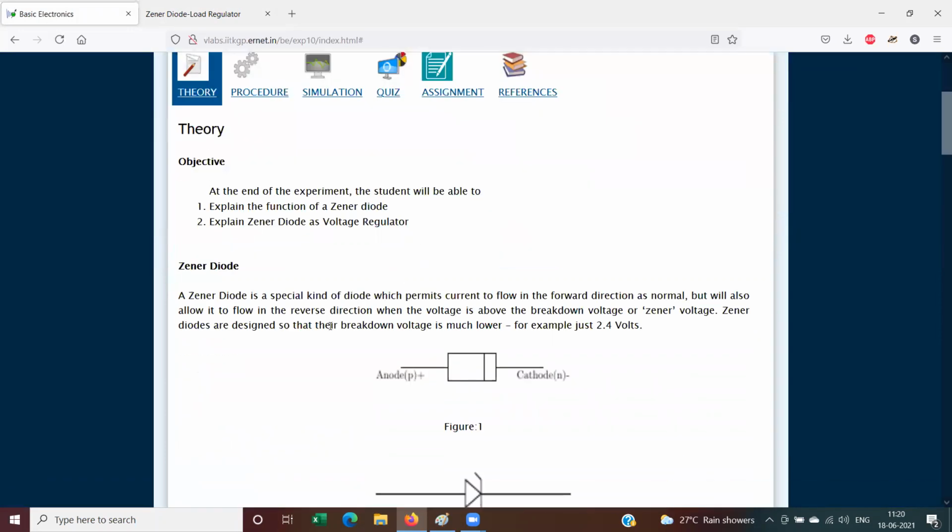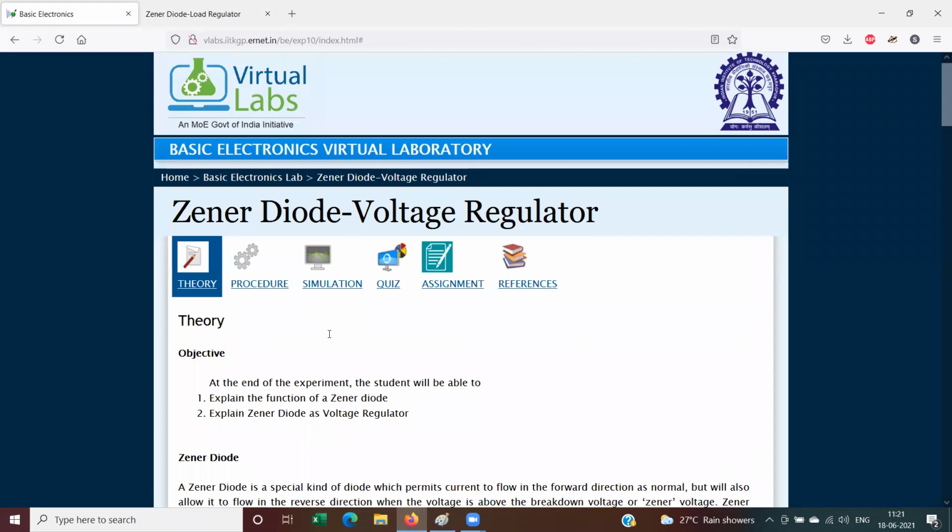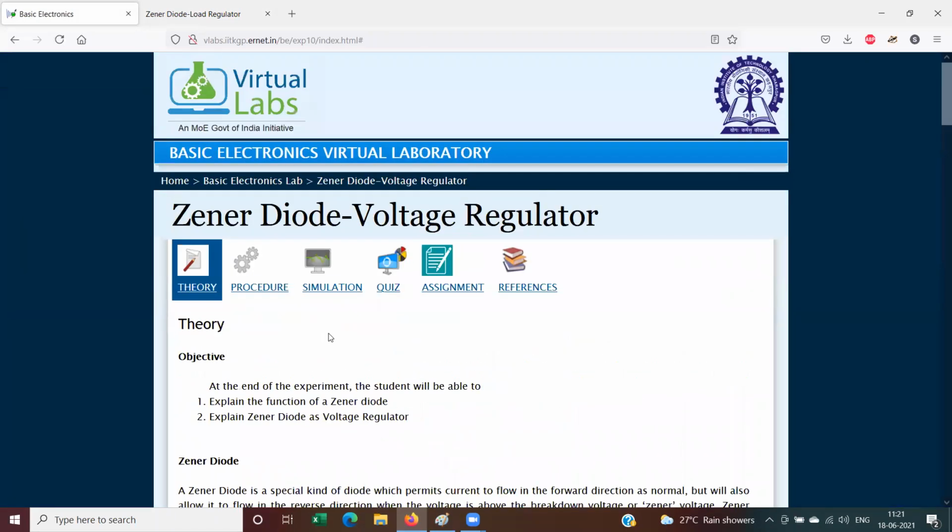Then the results you have to write, whatever I got, then the graphs. Finally, in discussion, you will write what happens if input voltage is too low, input voltage is too high, and what happens if the load resistance is too low, load resistance is too high, okay? That's all.